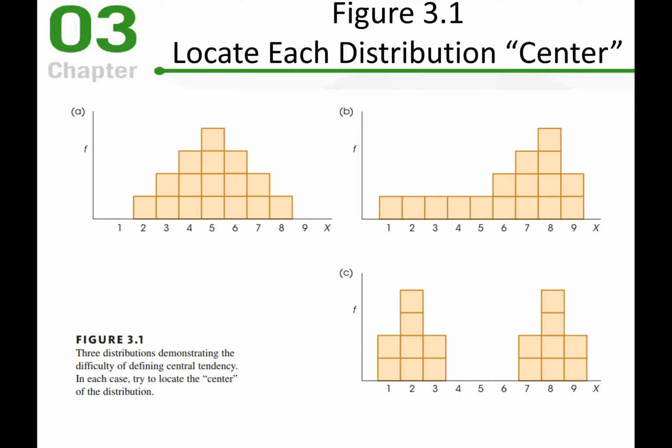Some people would say that. Others may go, well, hey, can you have 2 centers? So they may go, it's 2 and 8, all right? And so we're going to talk about the different measures of central tendency that we use, and again, when it's appropriate or inappropriate to use them, and how they change.